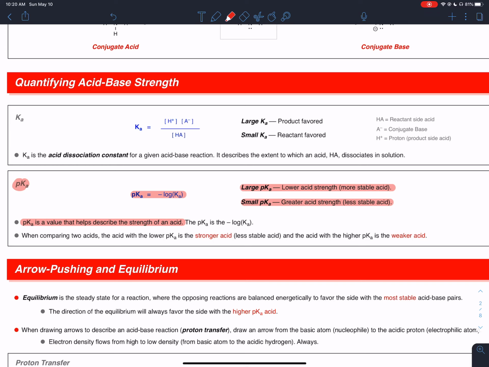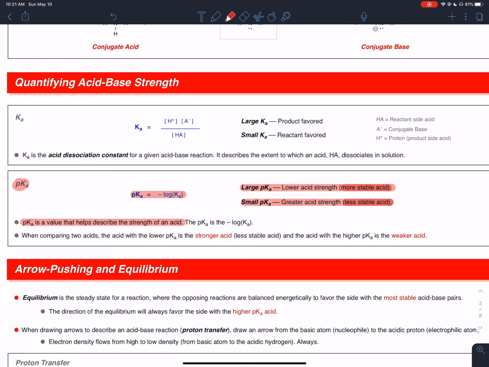Okay? Now, coming up, you'll hear me talk a lot about stable and unstable. Professors tend to use the terms strong and weak, which are very valid conventional terms, but I like to think more about stability. Now, if an acid had a really small pKa value, and again, we're maybe making a comparison between two acids, the one with the smaller pKa is the less stable acid.